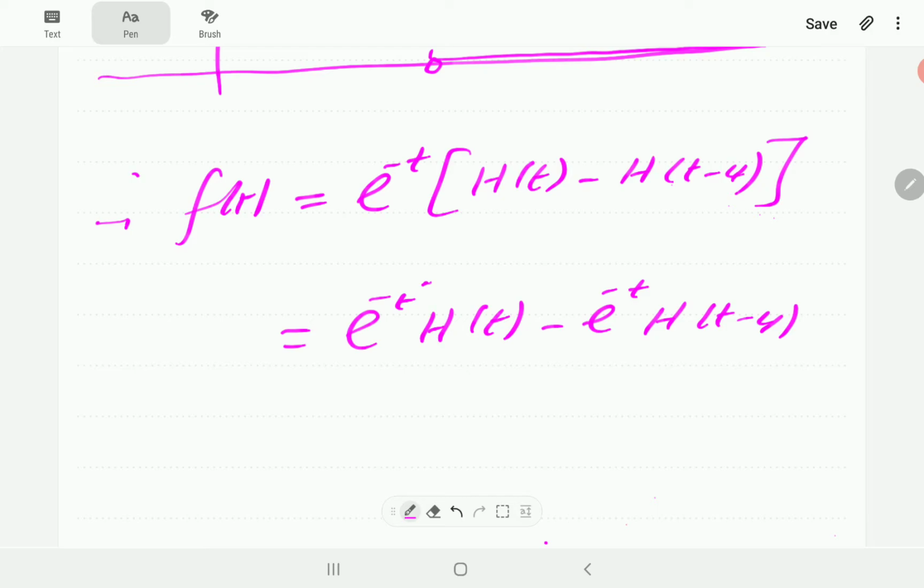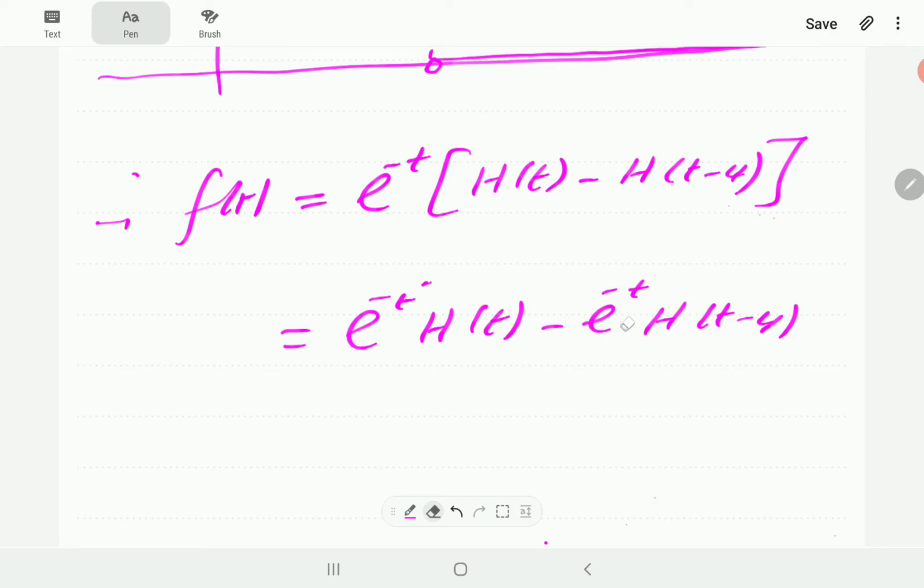And then we already mentioned in the previous example that we want the argument of the two functions to be the same. So for instance, here it's t and t, so that's fine. Here it's t minus 4, here it's t there.